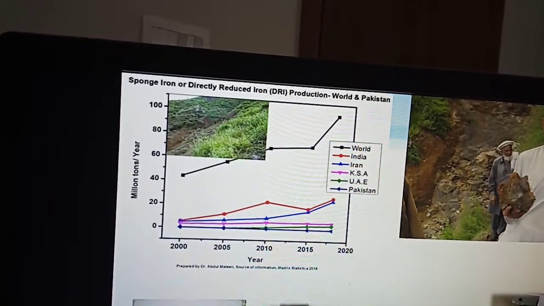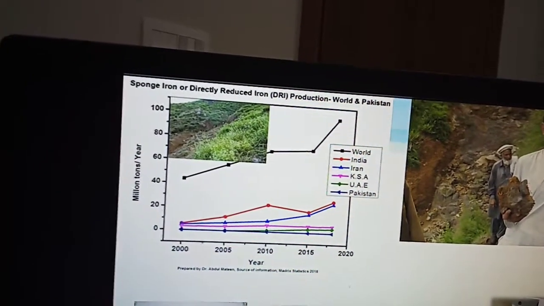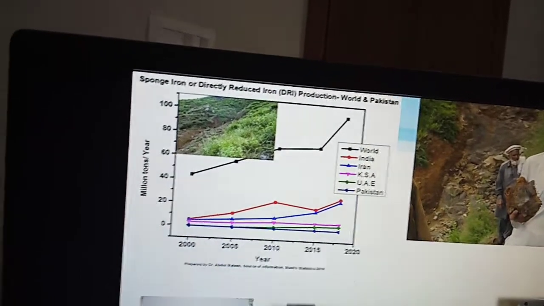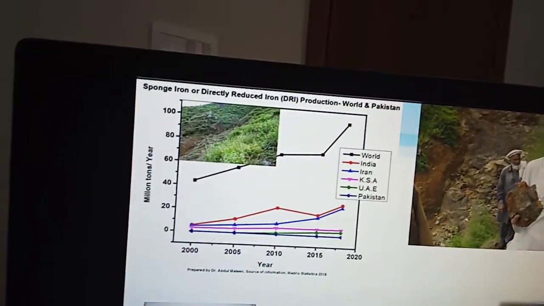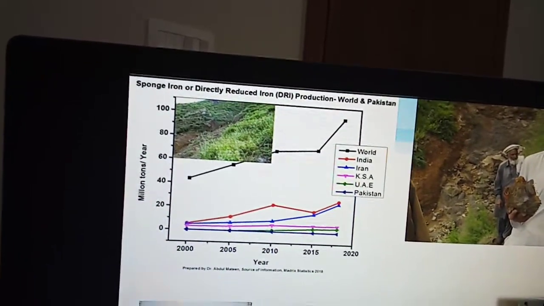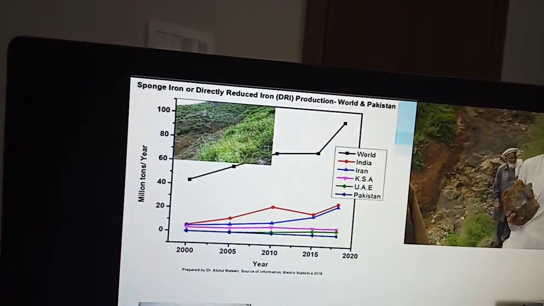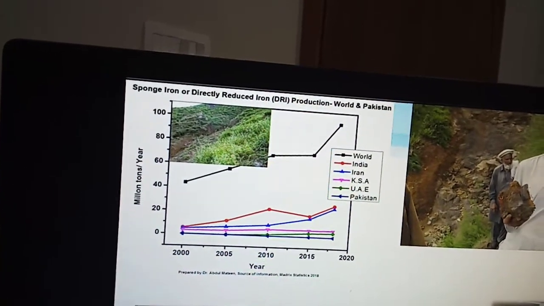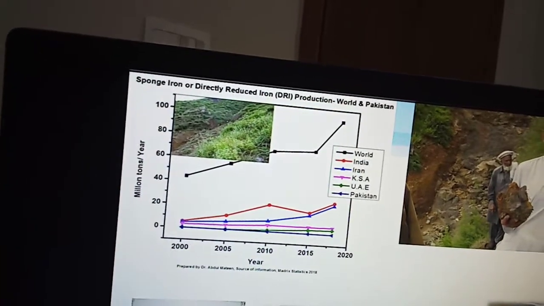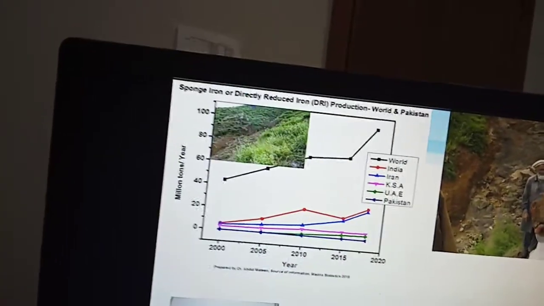I think I had told you that in Iran, Qatar, and Saudi Arabia, natural gas is abundantly available. Therefore, reduction of iron from its ore is better by using natural gas, and the Midrex process is a well established technique for that purpose, used in the world.